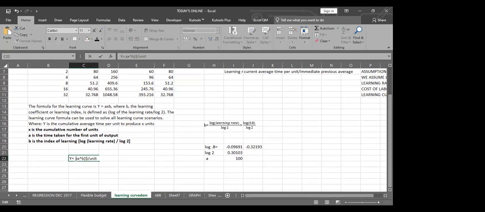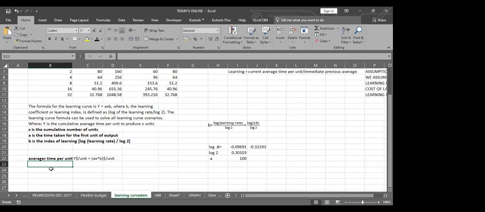Similarly, whatever you get on the outside is, if it is dollar, dollar per unit. So I've said you can multiply with the variable called X, which represents the number of units. So this is the average. Just average. This is the average time per unit. So average time per unit can be multiplied to get total time.